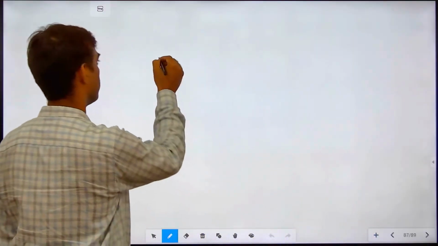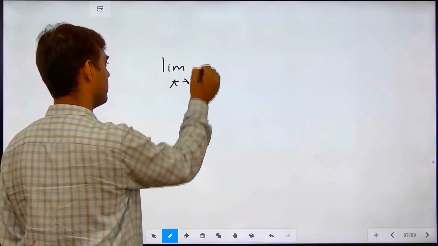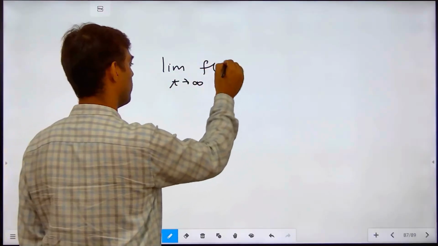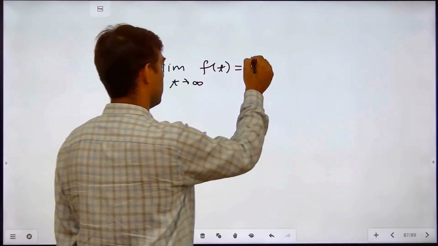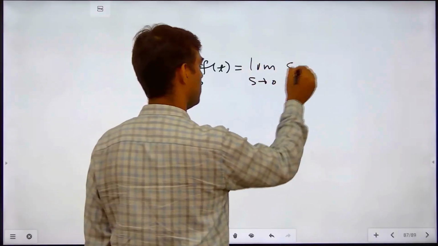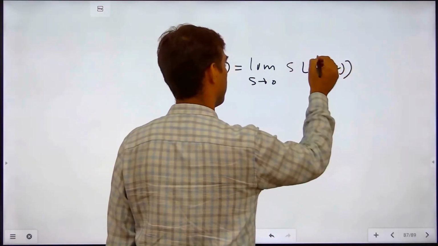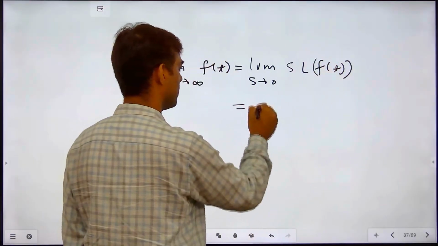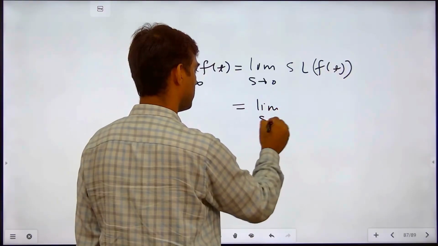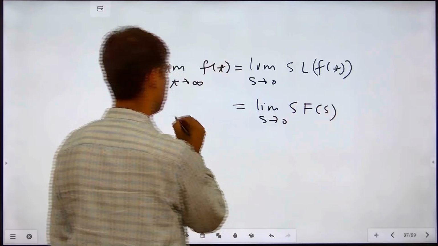The result is limit t tends to infinity of f(t) equals limit s tends to 0 of s times the Laplace transform of f(t), and this may also be written as limit s tends to 0 of s F(s).